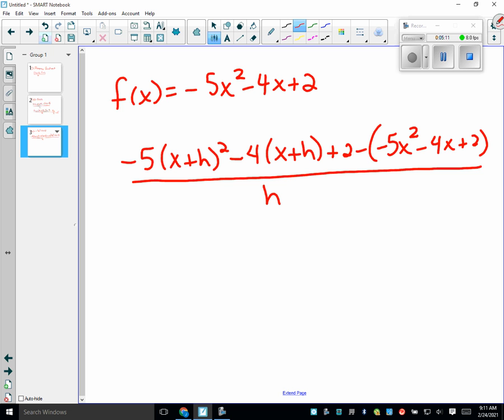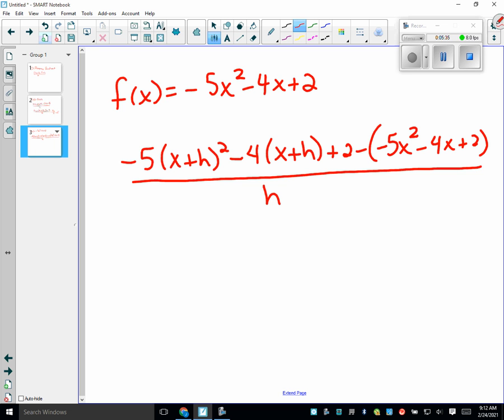Okay? We know how to FOIL this, don't we? You remember I told you to use that shortcut? This is why. If you had to sit down and write it all out, that's where you get bogged down, right?